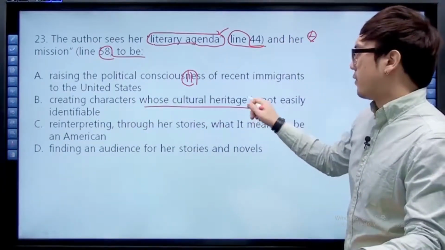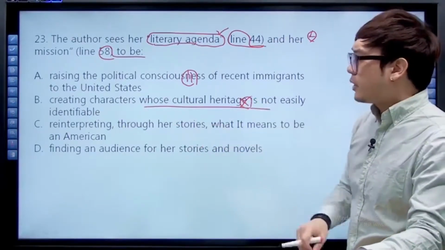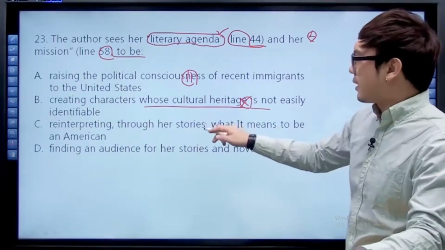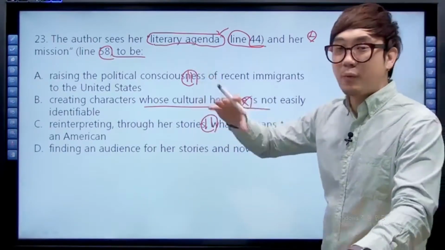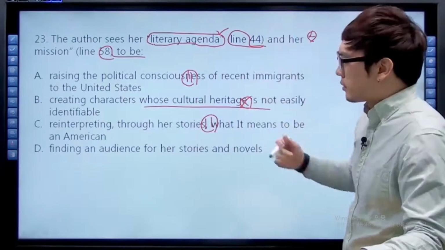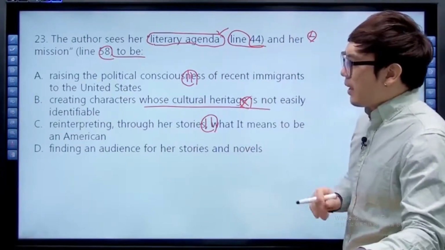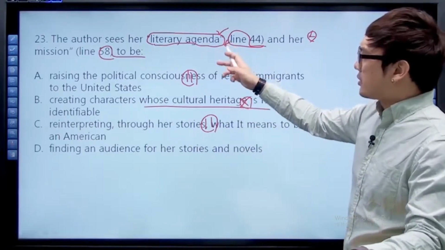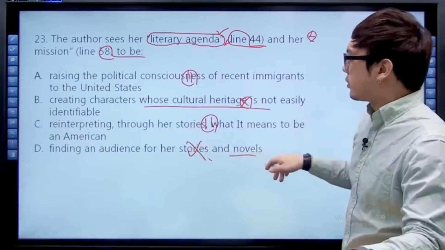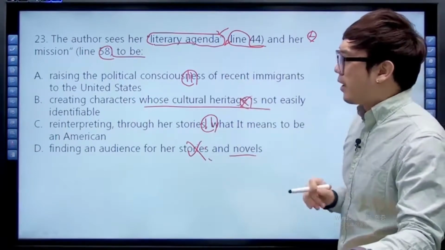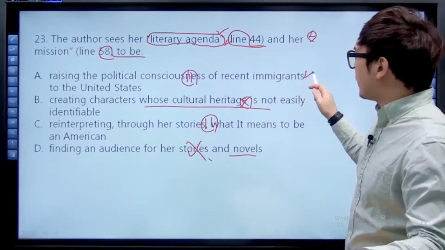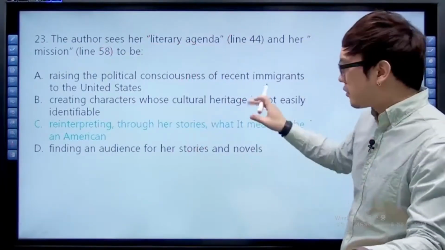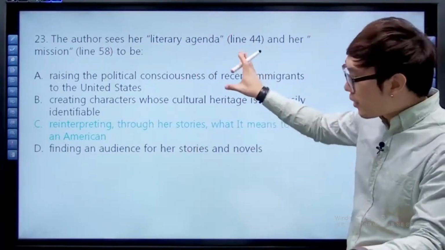So we'll just give it an X. And then C, reinterpreting through her stories what it means to be an American. That could be a possibility because we saw that idea, what it means to be an American, in the previous question, so we'll leave it at that. And then D, finding an audience for her stories and novels. Well, her literary agenda or her mission is not to find an audience for her stories and novels, right? So we're seeing either A or C as our answers, but we'll take a look at our answers. First of all, it's C, right? It's either A or C, but it's C.